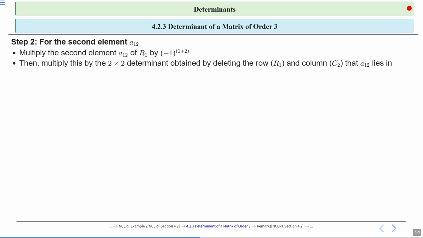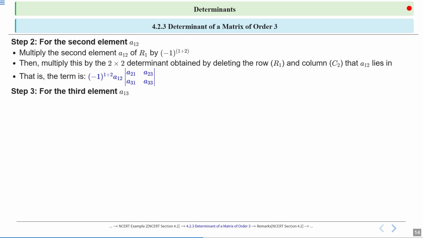Then multiply A12 into -1 to the power 1 plus 2 with the 2 cross 2 determinant obtained by deleting the row R1, because A12 is present in row 1, and the column C2, because it is present in column 2. When we delete R1 and C2, we get a 2 cross 2 matrix, and then find its determinant. So the second term is -1 to the power 1 plus 2, A12, determinant of A21, A23, A31, A33. We get this by deleting the first row and second column.